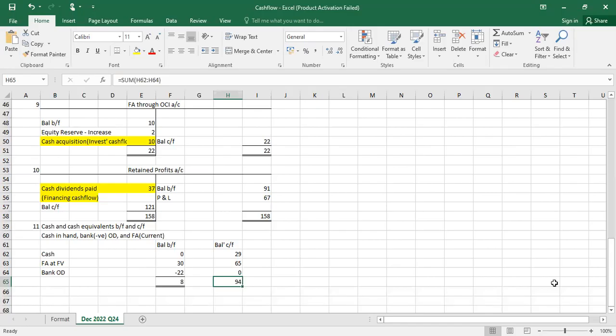With that, we can then proceed to prepare and summarize our statement of cash flow.